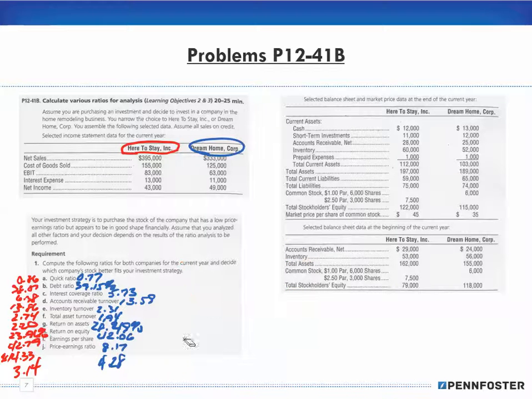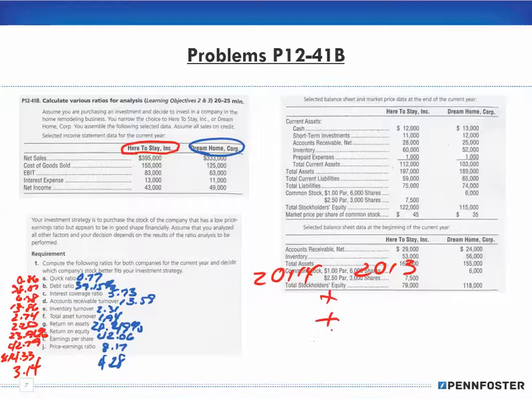But don't be fooled, because you're not looking at the comparison of a company against itself. In those other problems, we were looking at 2014 data and 2013 data, all right? So for the same company.